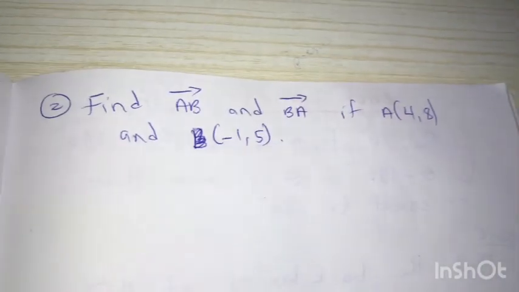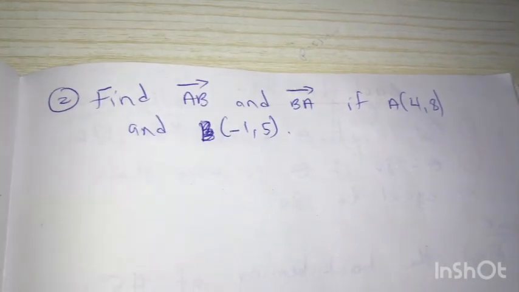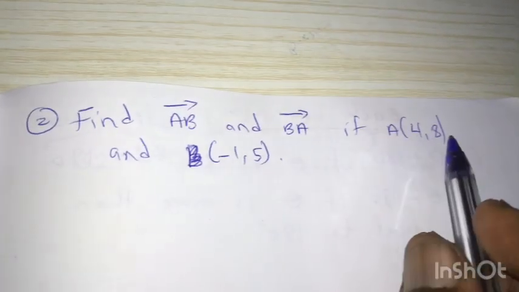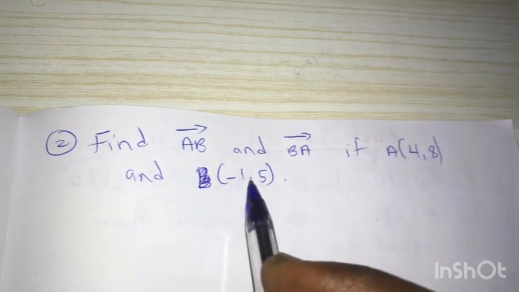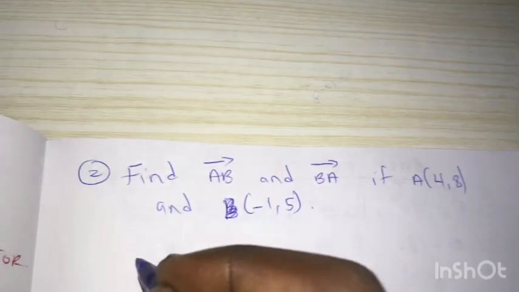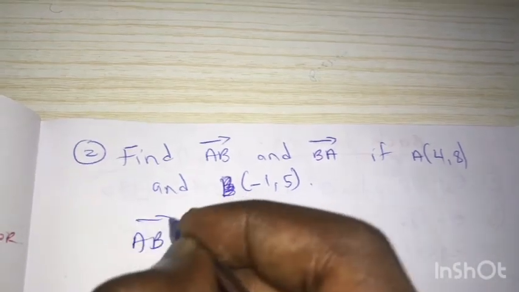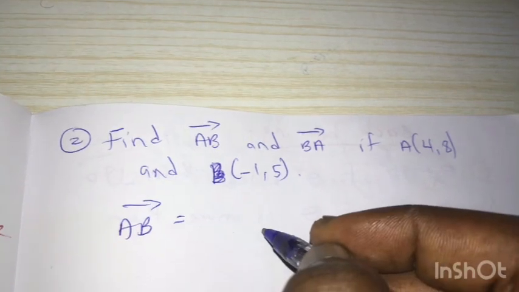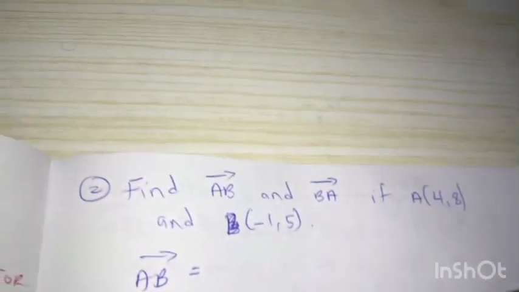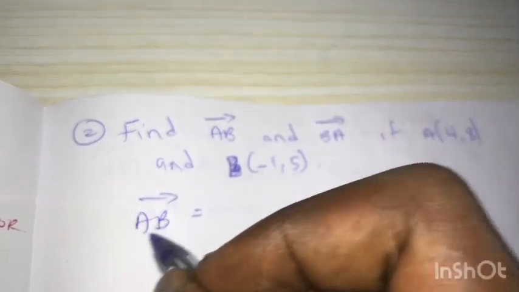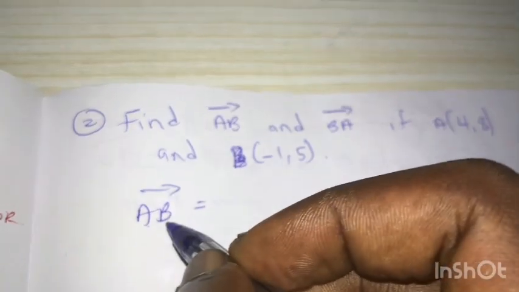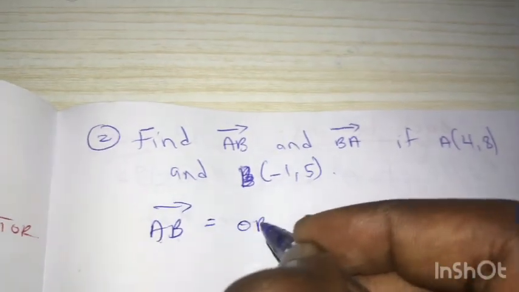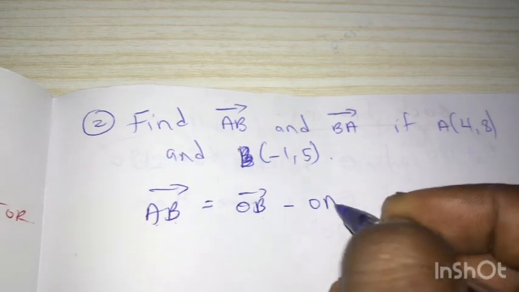Find AB and BA if A is 4, 8 and B is negative 1, 5. We are asked to find AB. In our previous lesson, we learned that if we are asked to find AB, it's the second letter minus the first, which is OB minus OA.